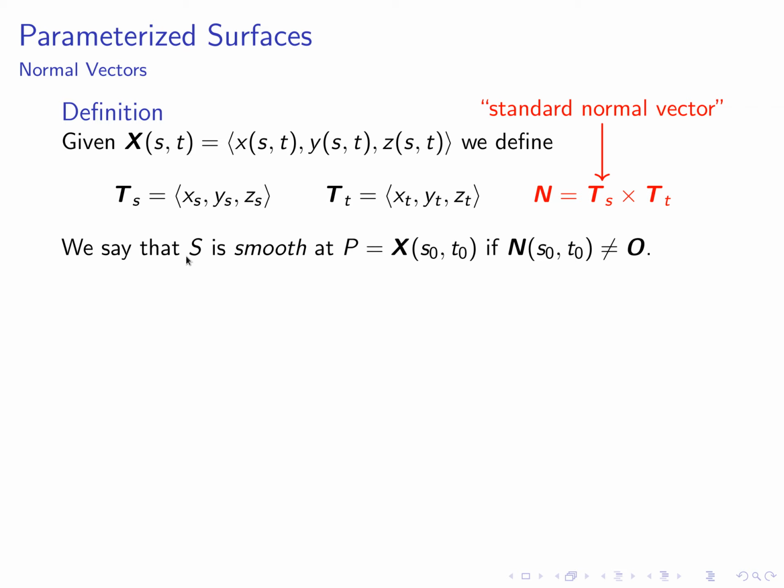We say that a surface S is smooth at a point P, which is obtained by plugging in maybe s naught and t naught into the parameterization, if the standard normal vector evaluated at those values of s and t is not equal to the zero vector. So we say that a surface is smooth at a point if its standard normal vector is not the zero vector at that point.